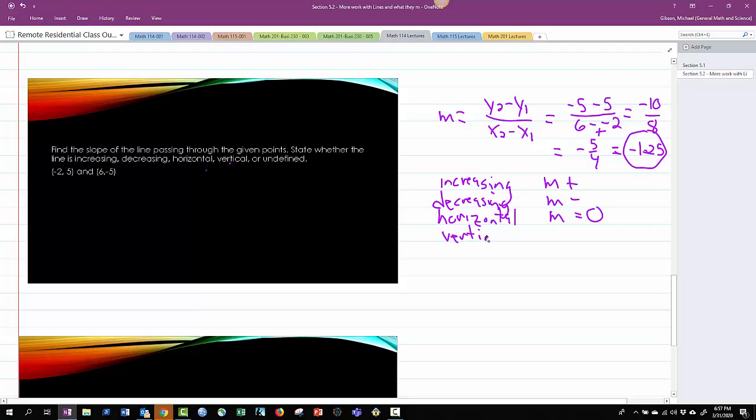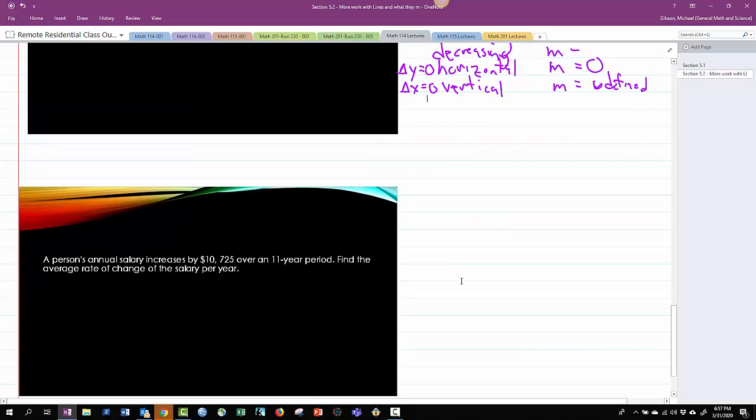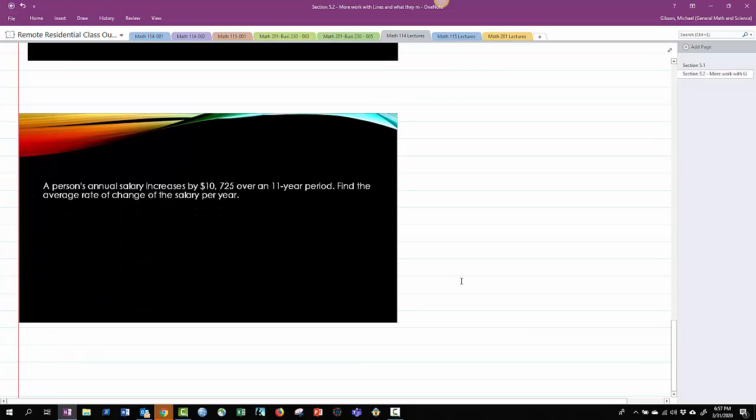And vertical is when the slope is undefined. Put another way, the horizontal is when the change in y, the numerator, is 0. And the vertical is when the change in x, the denominator, is 0. All right? So increasing, decreasing, horizontal, vertical, we'll see questions that ask us all of those.